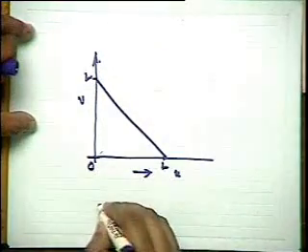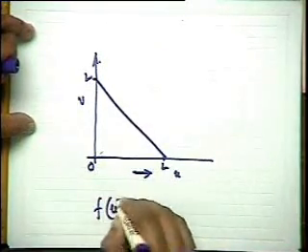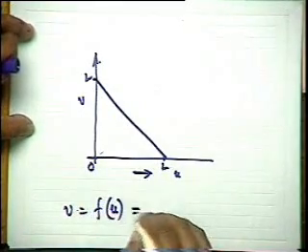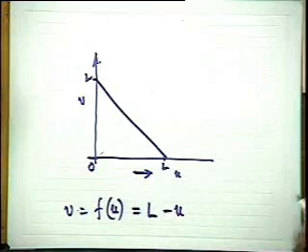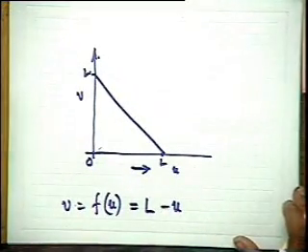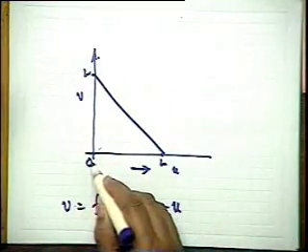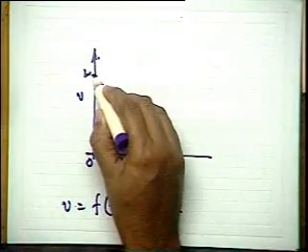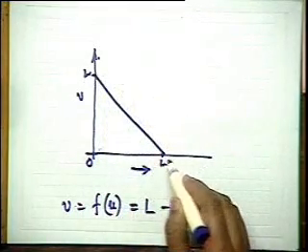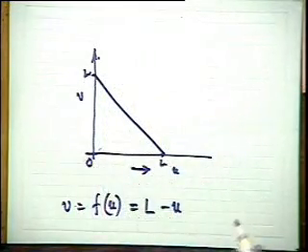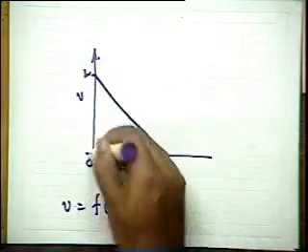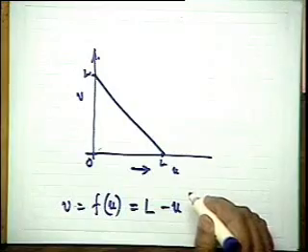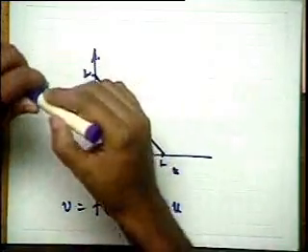Mathematically, v is equal to f of u, written as capital L minus u. So when u is equal to 0, the input intensity is 0 and the output intensity is maximum, and vice versa. When the input intensity is maximum, the output intensity is 0, and in between 0 to L it is gradually falling, meaning as the input intensity increases, the output intensity decreases.